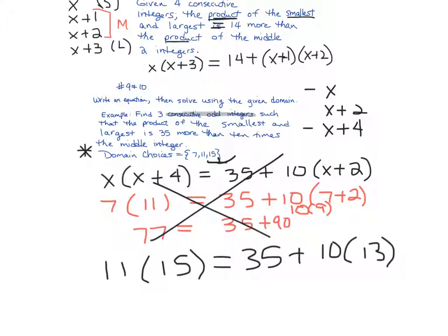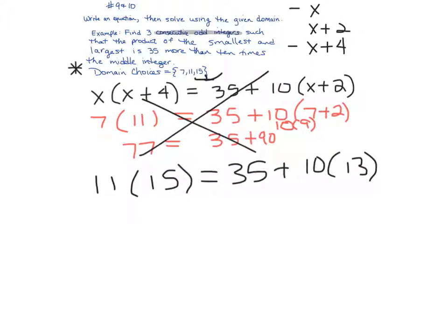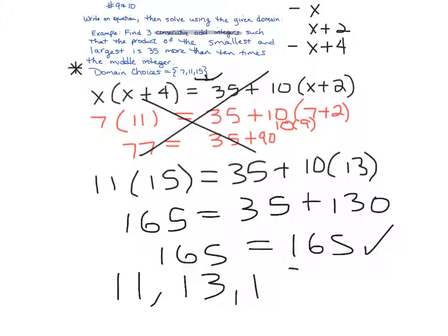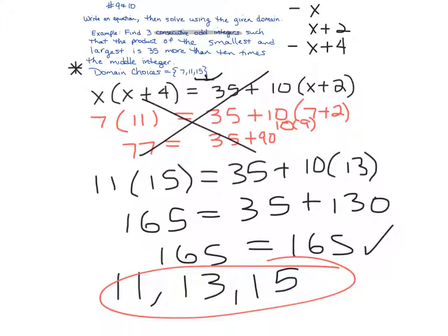When I multiply 10 times 13, well, let me work left to right. 11 times 15 is 165, and then 35 plus 130 gives me 165 equals 165. So I just found my smallest integer. So my 3 integers are going to be 11, 13, and 15. And you need to write all 3 on the line.